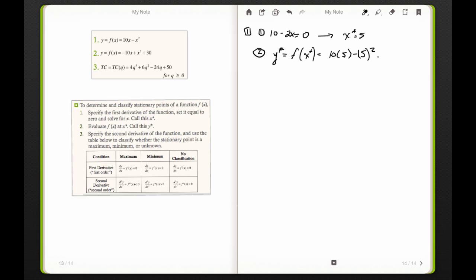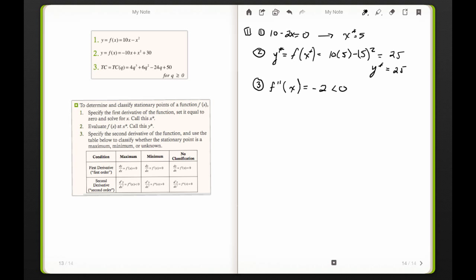Let's put that in parentheses. And so we get 50 minus 25, which yields 25. So y star equals 25. And then finally, the third step, specify the second derivative of the function. The second derivative is the derivative of the first derivative. So f double prime of x is just equal to negative 2.